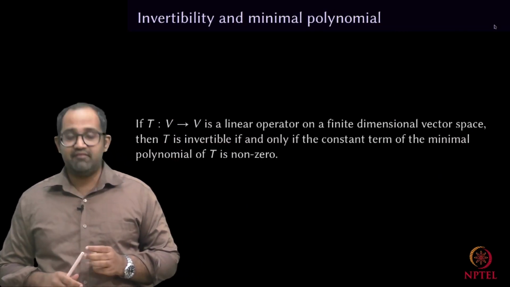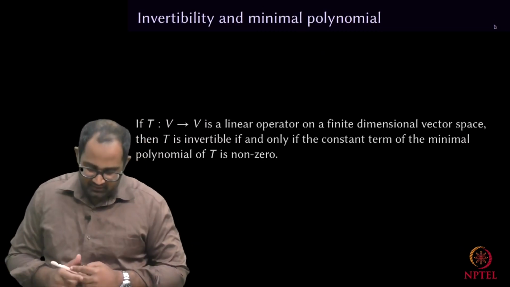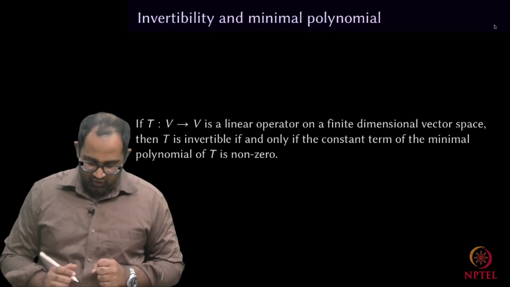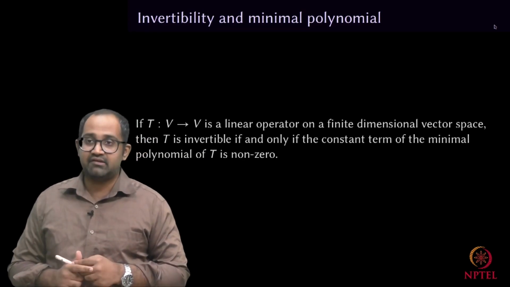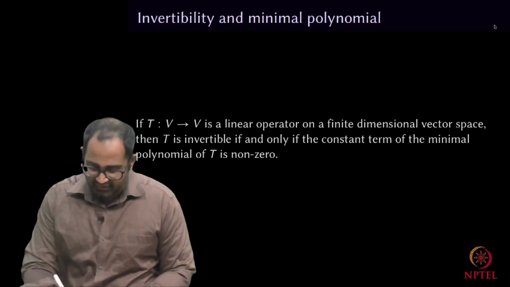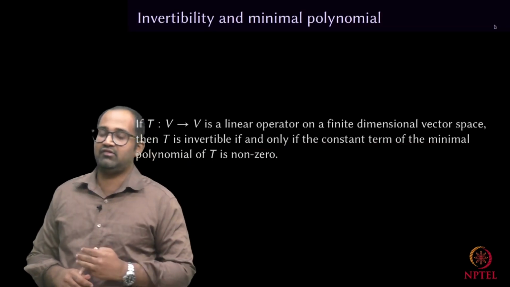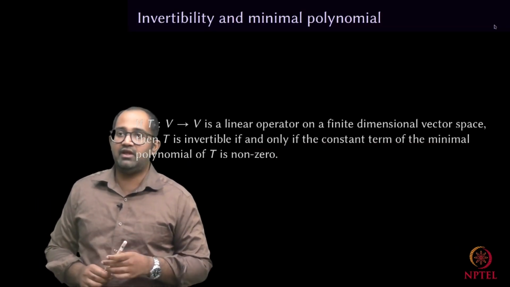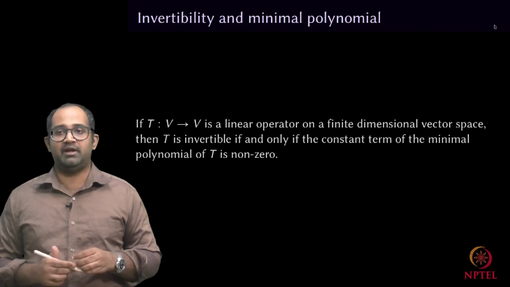Finally, one trivial fact that relates invertibility and the minimal polynomial. If you have an operator on a finite dimensional vector space, then that operator is invertible if and only if the constant term of the minimal polynomial is non-zero.